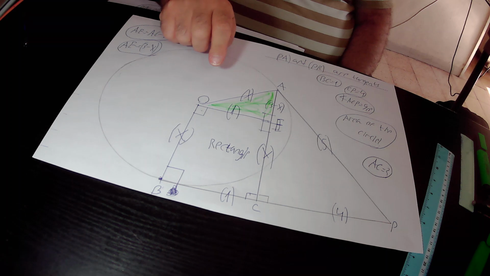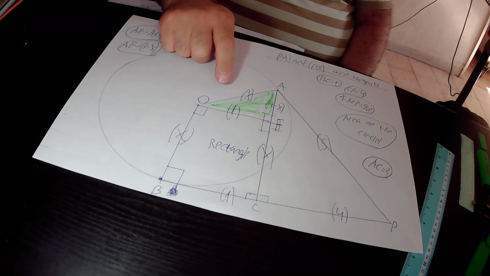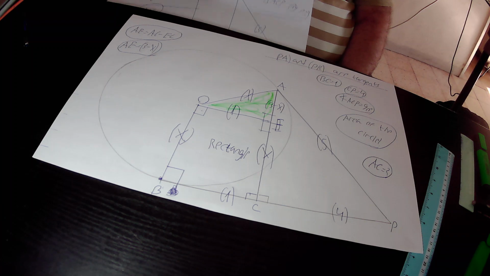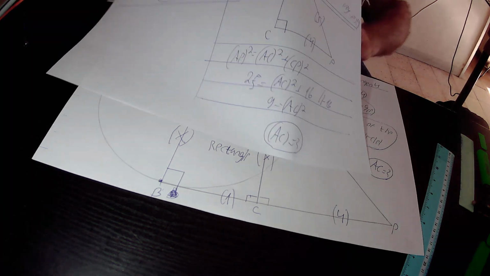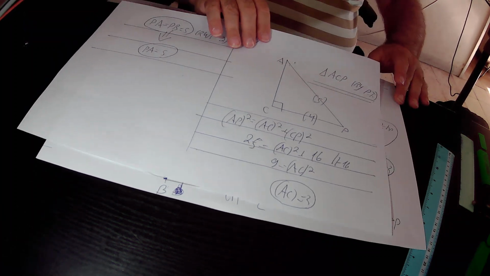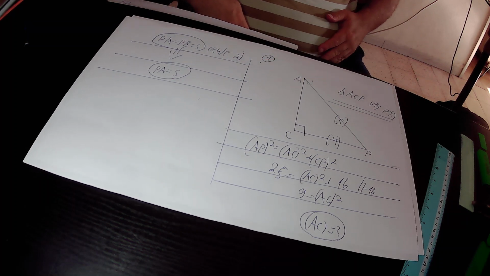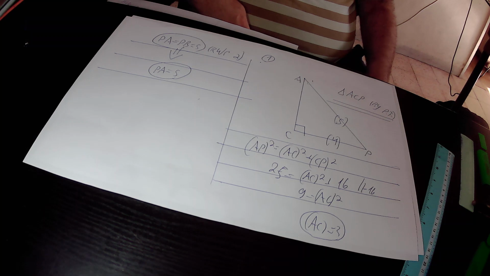In the next step, I copy the right triangle OAE onto a new page, and we implement the Pythagoras theorem on this right triangle OAE. According to the Pythagoras theorem, in any right triangle, the square of the hypotenuse is equal to the sum of the squares of the perpendicular sides.